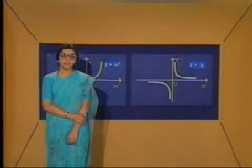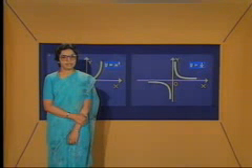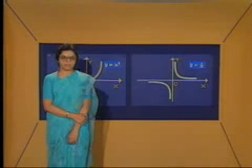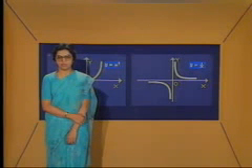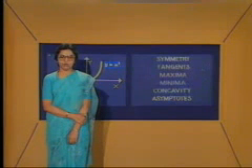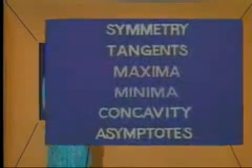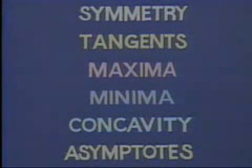Then, our main task is to analyze the given equation. We find out dy by dx and d2y by dx square and try to get all possible information about the curve, its symmetry, its tangents, its points of maxima and minima, its concavity, and also its asymptotes. All this information will give us a clear idea about the shape of the curve.